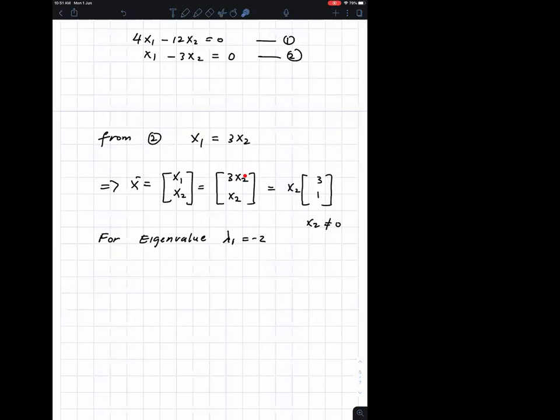There may be another way to do it. And then we pull out the common x2. So only when you leave everything in terms of x2 can you factor out the x2. So that gives the eigenvector. This is from Engineering Mathematics 1A.